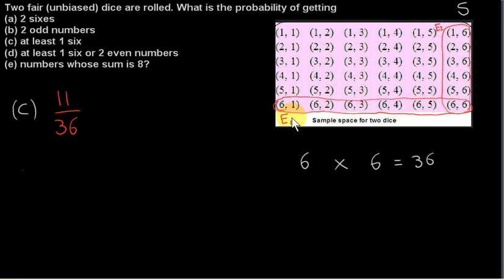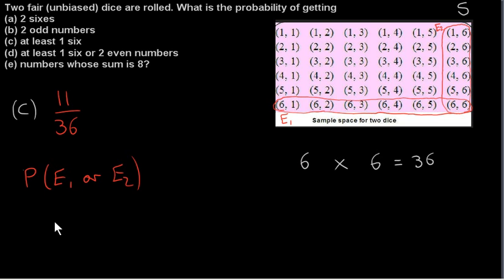So just to remind you of set notation, we want the probability of E1 or E2. So we want the probability of this event or this event. And in that situation, an outcome will consist of at least 1 6. At least 1 6 means exactly 1 6 or 2 6s. This outcome is allowed.